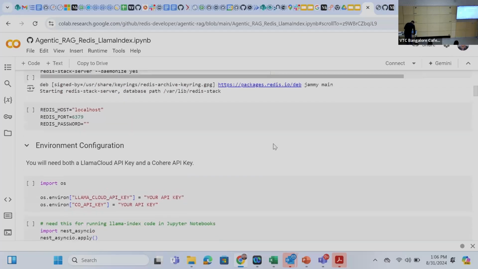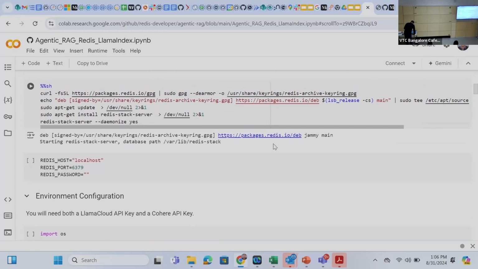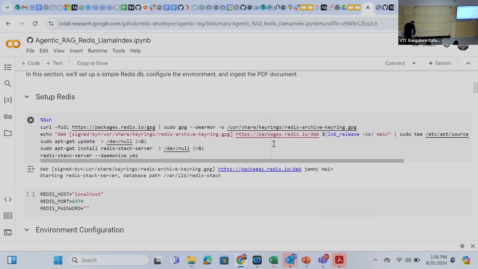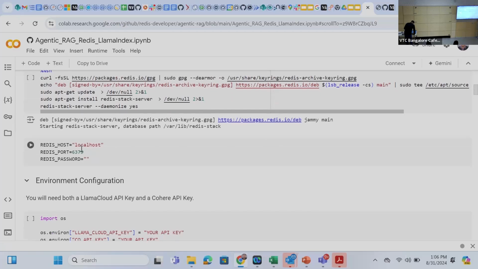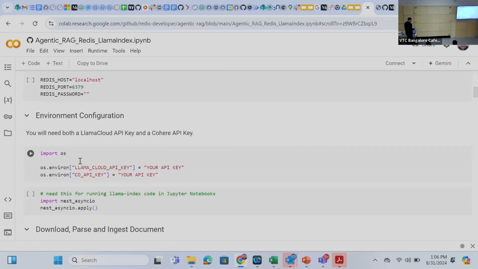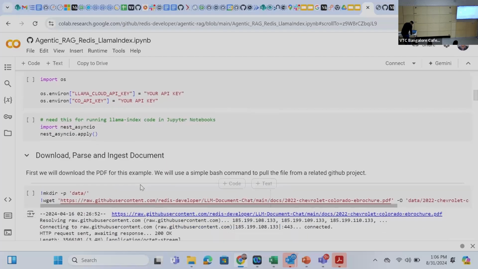Once you have given the documents, once you have installed all those necessary dependencies, and once you have set your host, ports, and everything from a configuration perspective, you can simply parse your document. Needless to say, you will need your API key for Llama as well as for the Cohere API.